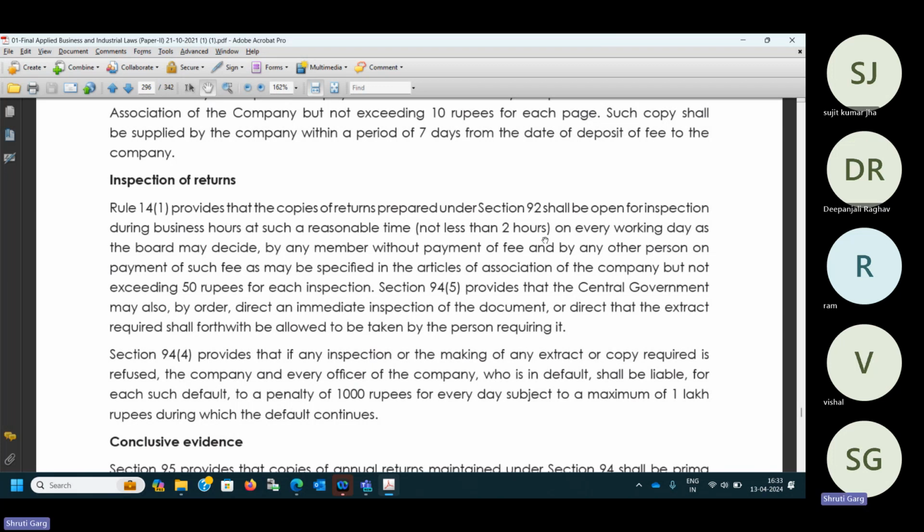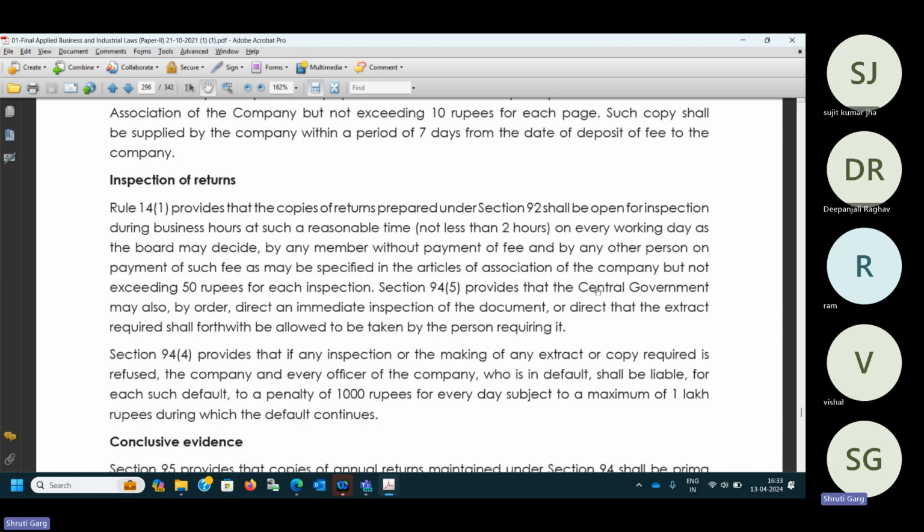Clear? But if a member wants to copy the return, then the fees will be not exceeding 50 rupees for each inspection. Maximum 50 rupees for each inspection.